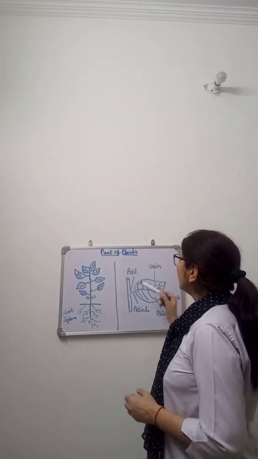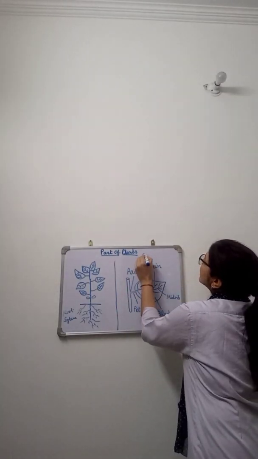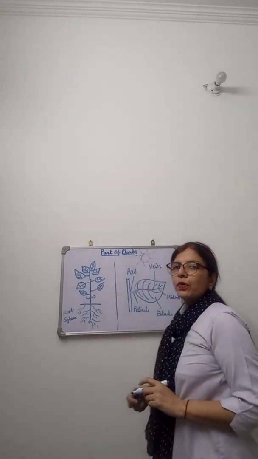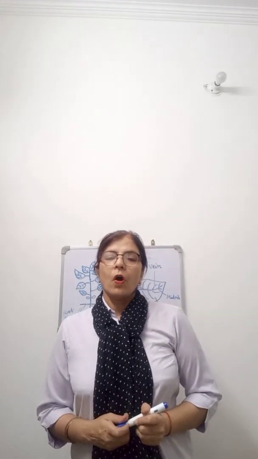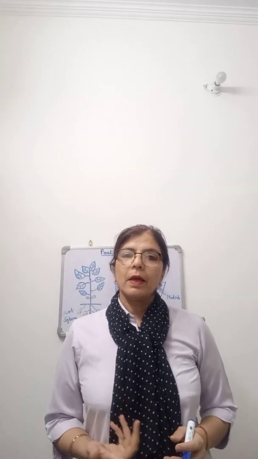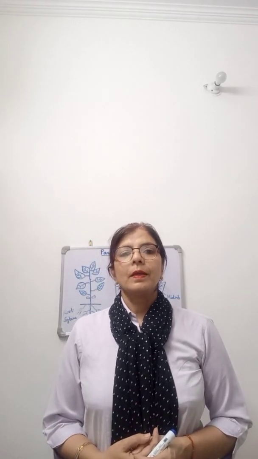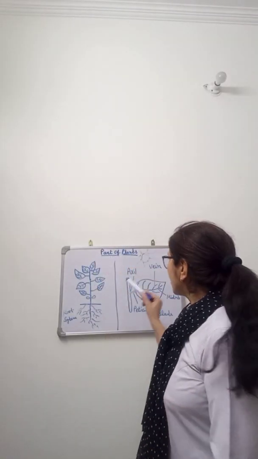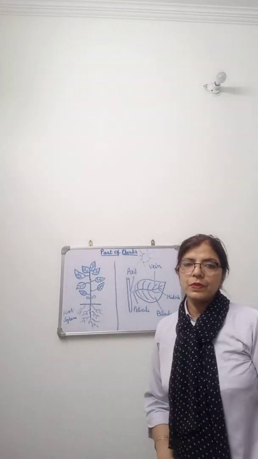This pigment traps the sunlight, and it helps to prepare the food also. Clear? Now we will discuss the structure of the leaves.